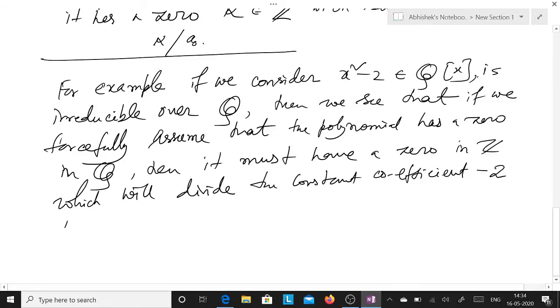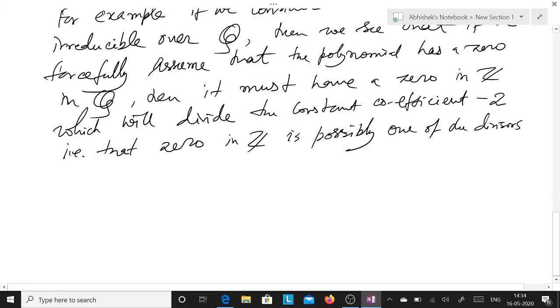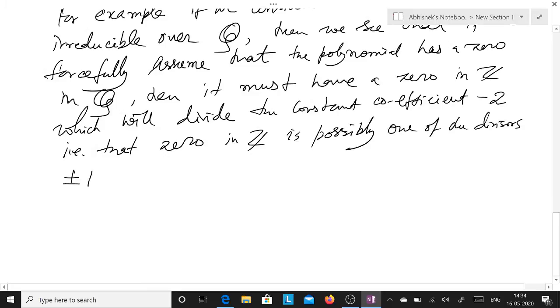So that means this 0 in the ring of integers is possibly one of the divisors, which are plus minus 1, plus minus 2 of the integer 2.